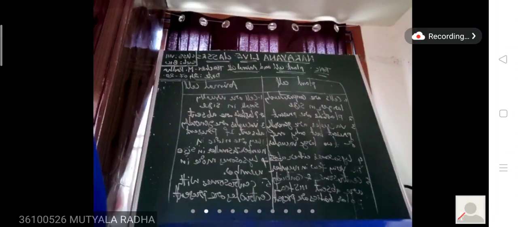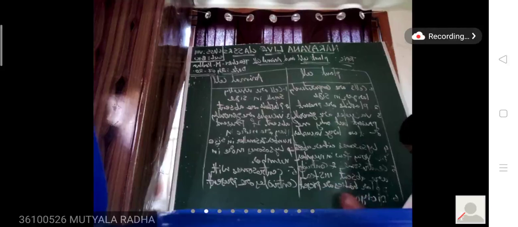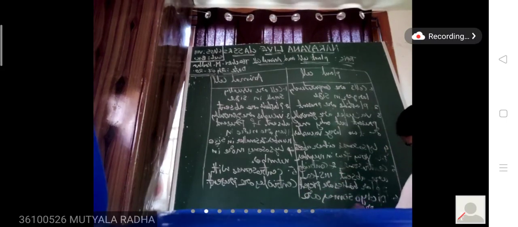Last point: dictyosomes. Dictyosomes are present in plant cells. Keep in mind, dictyosomes are subunits of the Golgi body.